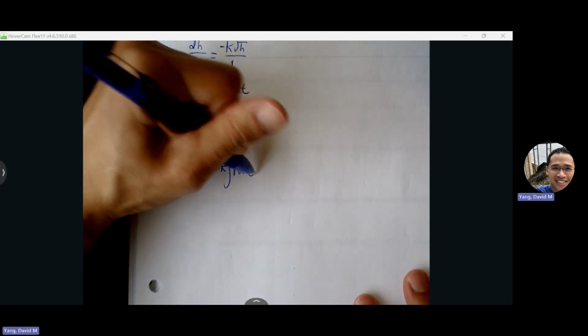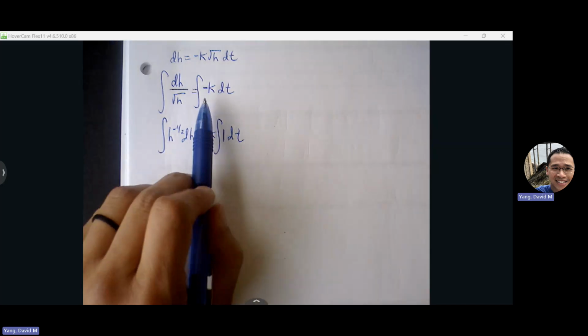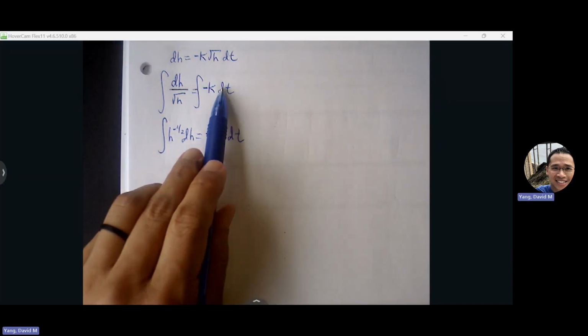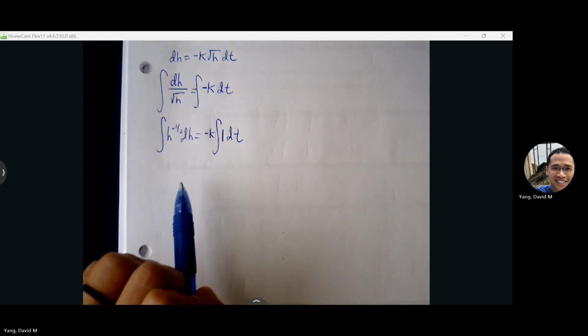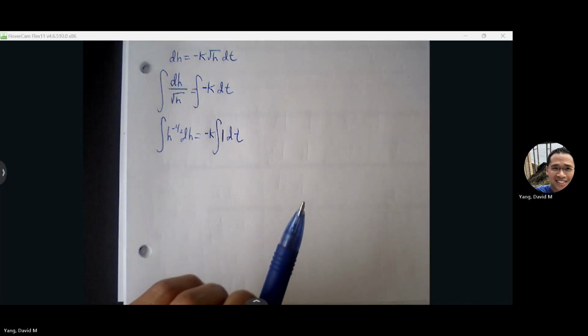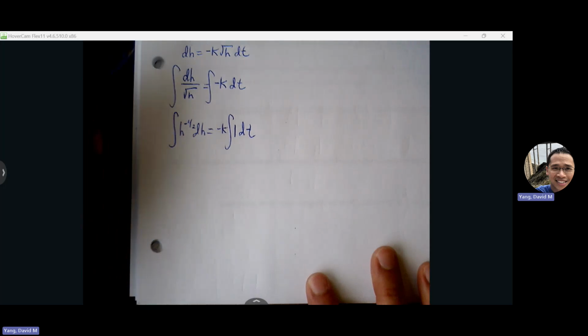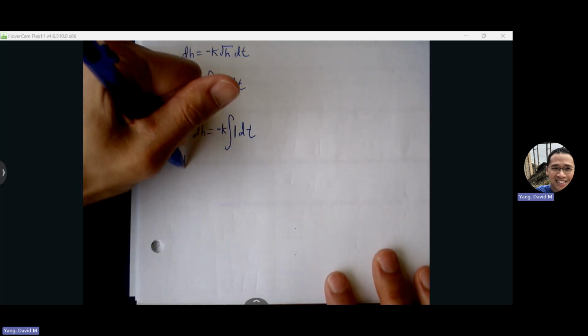And remember, k is the constant, so we're really taking the integral of 1 dt here. It's not going to be k squared over 2. K is not the variable here. The variable is time, and there's no variable t, so it's just a 1 that you're having to worry about. Okay. All right, so now we're ready for our integral process. Power rule on the right, power rule on the left and on the right.